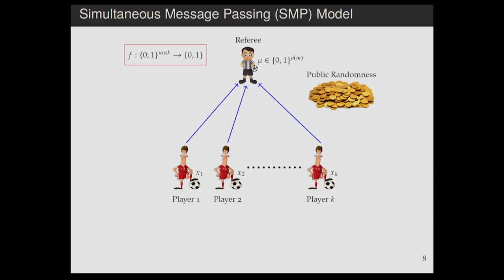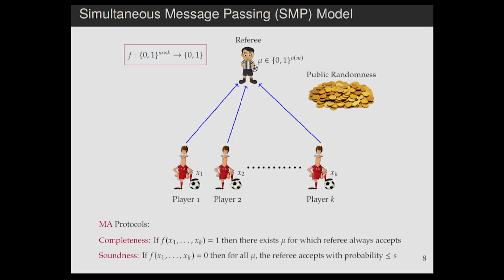And now the referee can use this advice mu to decide whether to accept or reject. In the completeness, you want to make sure that there is at least one advice that makes the protocol accept. And in the soundness, you want to make sure that for all advice, the acceptance probability is at most s. The advice here you should think of as having length much smaller than the input. Our input length is m, so this should be little o of m.